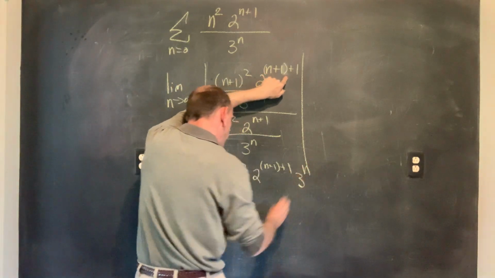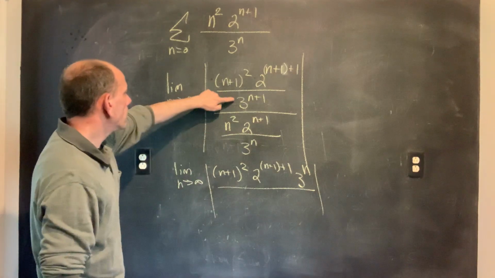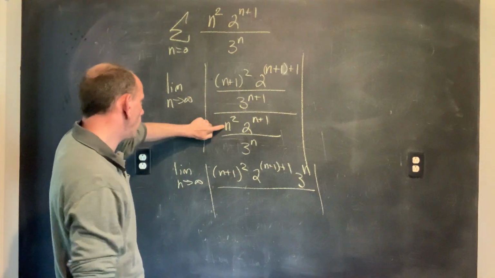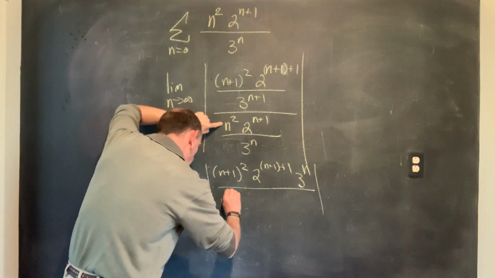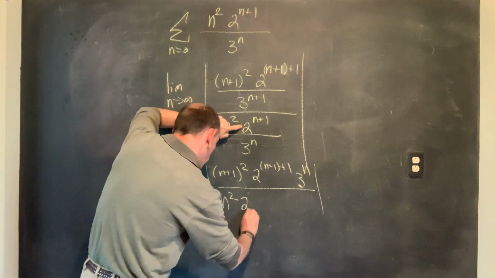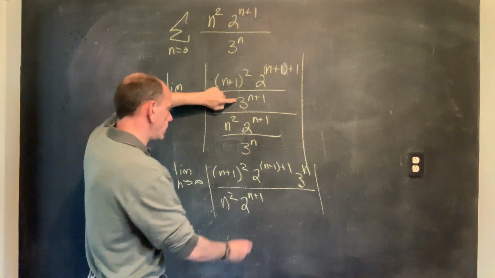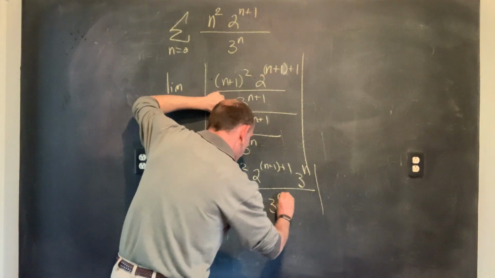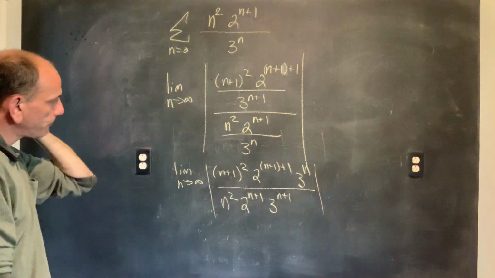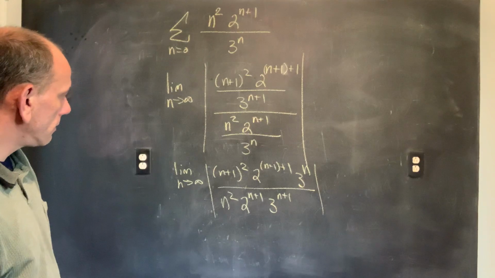So 3 to the n over, well, there's this n squared, 2 to the n plus 1, and this 3 to the n plus 1, they end up downstairs. All right.